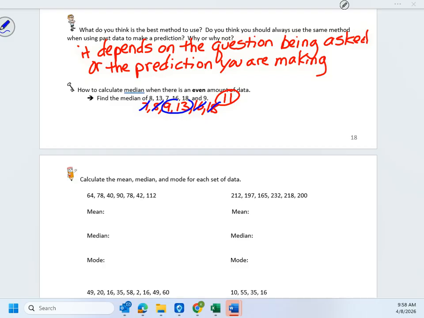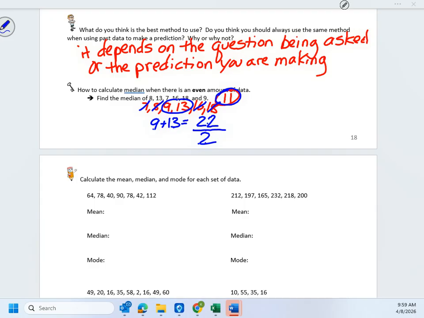Did you end up with 9 and 13 in the middle? Okay, then what did you do? What is 9 plus 13, Shantria? Why did you divide it by 2? Because we have 2 numbers, so we divide it by 2. 22 divided by 2 gives us that 11 for our answer. Awesome job.